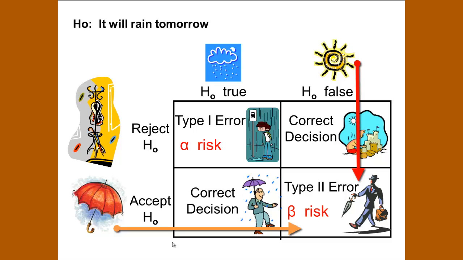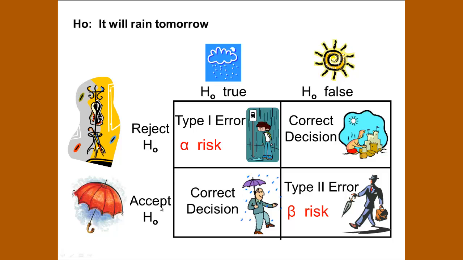For our introduction class, we look at minimizing and controlling the alpha risk, and we will not define the beta risk. Think about it this way. Would you rather carry an unnecessary umbrella or be getting soaking wet standing out in the rain? So we're more interested in reducing the risk of getting soaking wet.